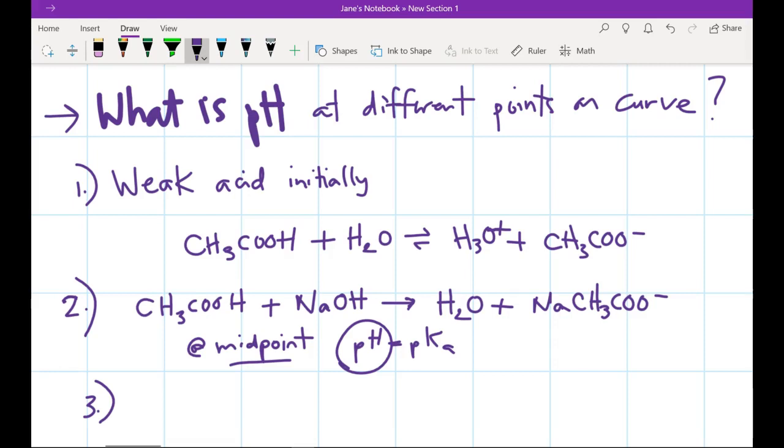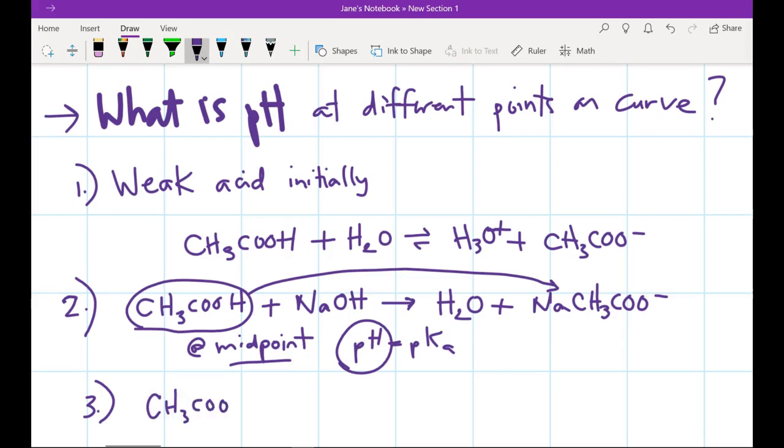The equivalence point is when all of the acetic acid has been titrated. So all of your acetic acid has been forced to become the acetate anion. And at equivalence point, we look at the reaction of the conjugate ion, in this case the acetate anion, with water. And that is an equilibrium reaction.